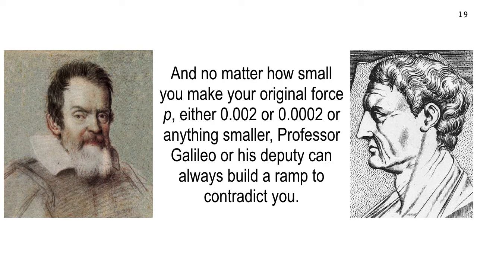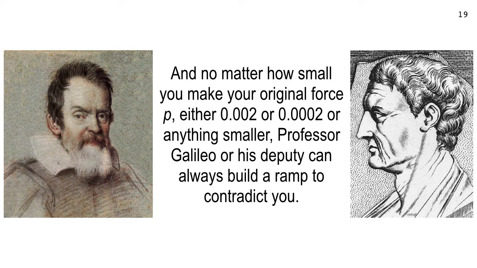So what Galileo showed was Aristotle is wrong. The only possible value for the push force that keeps something going on the horizontal frictionless plane is zip zap, 0. That's because you can always build a ramp to contradict Aristotle or his assistant.